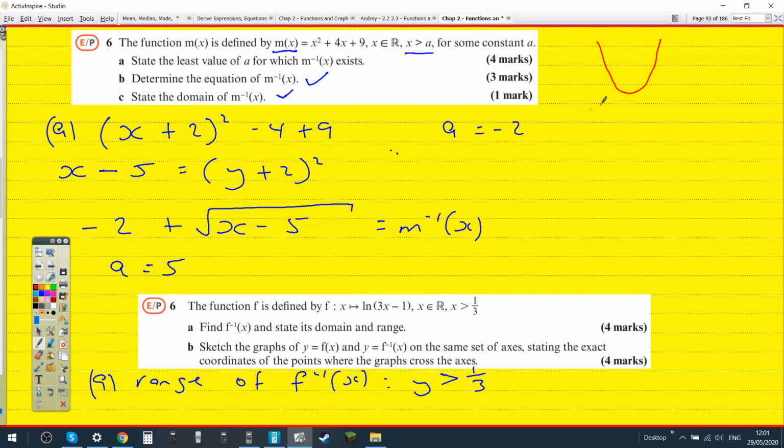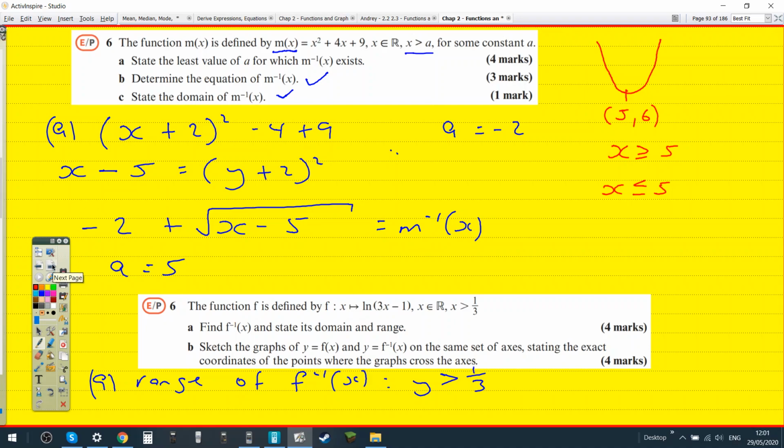Let's say the minimum is 5, 6. Would the domain then be x is greater than or equal to 5? Yes, x is greater than or equal to 5. Or technically, I saw one question where it could be x is less than or equal to 5, because that also wouldn't have a repeat of the y coordinate.